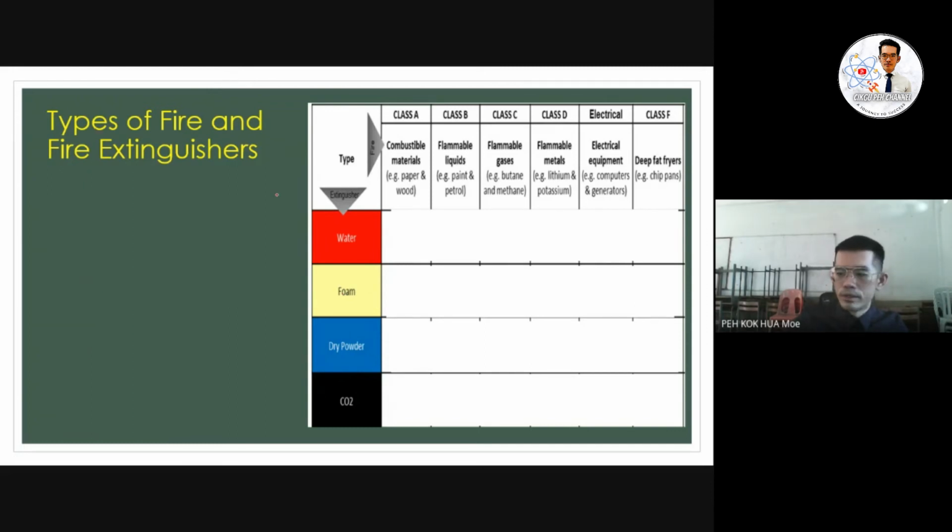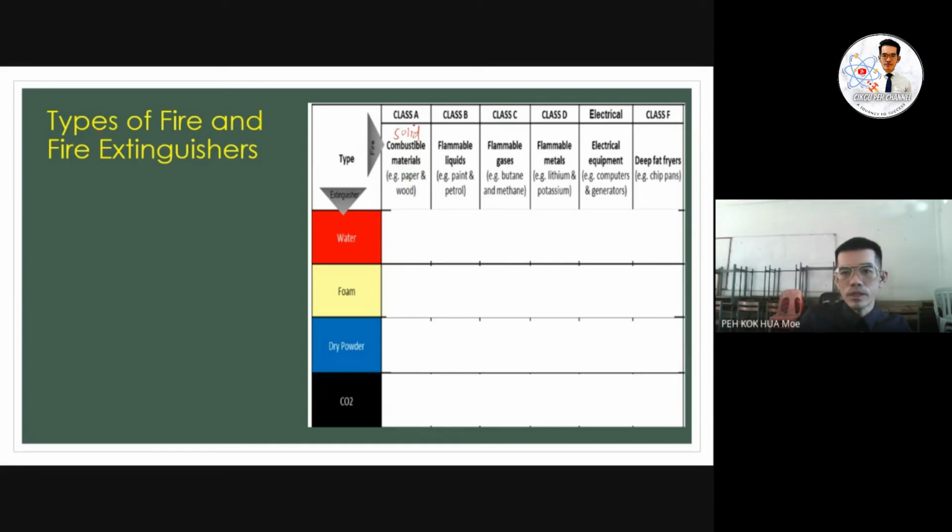The types of fire here we can classify into 6. First one, class A, the fire is caused by combustible material. This is actually solid material, for example paper and wood. So the fire caused by solids is categorized as A.